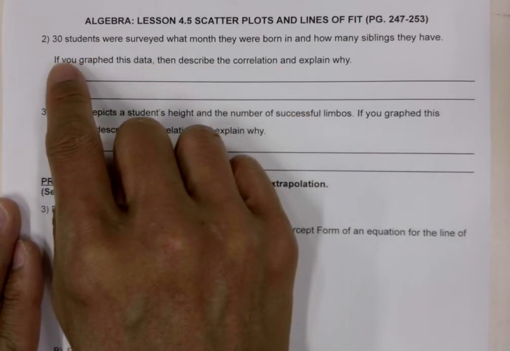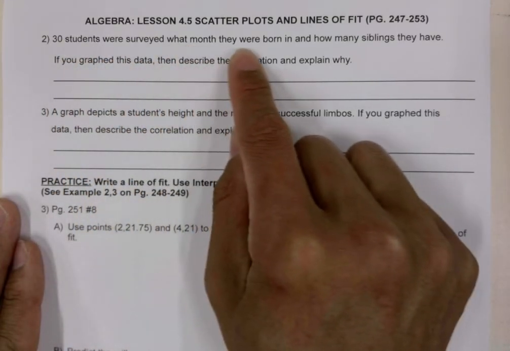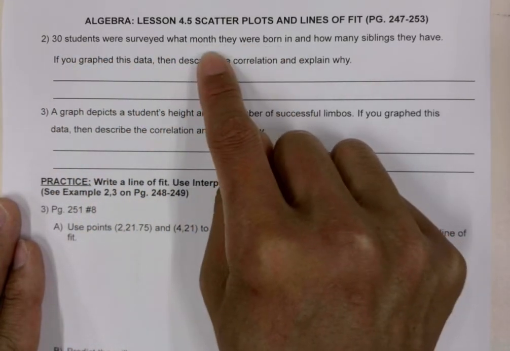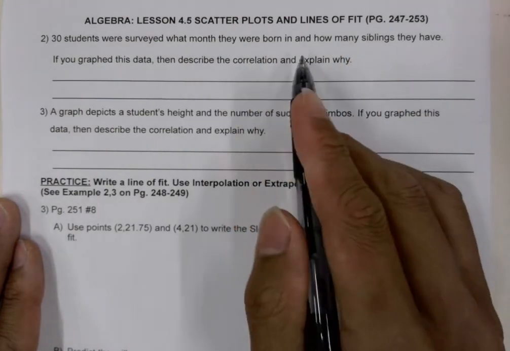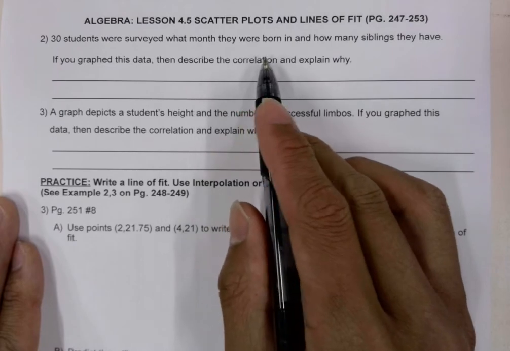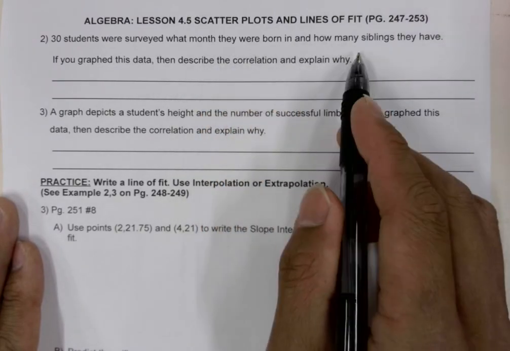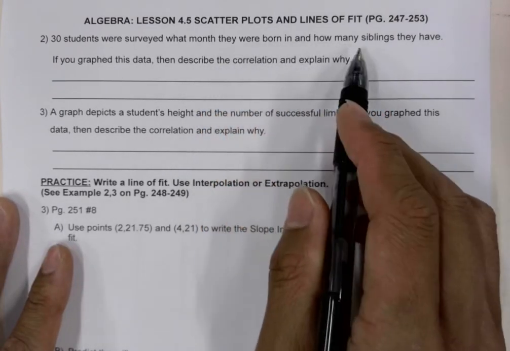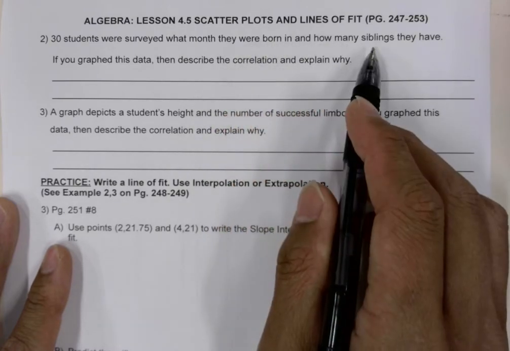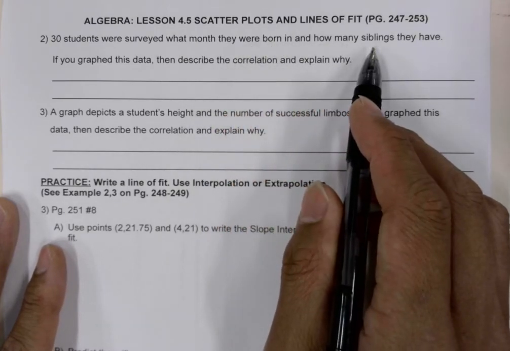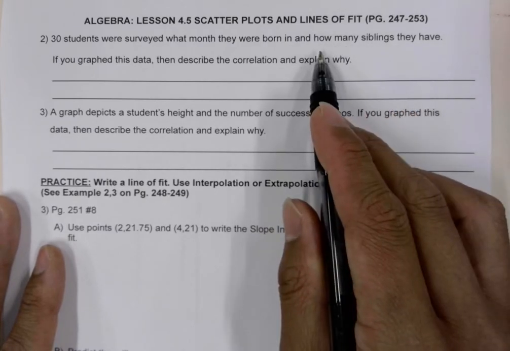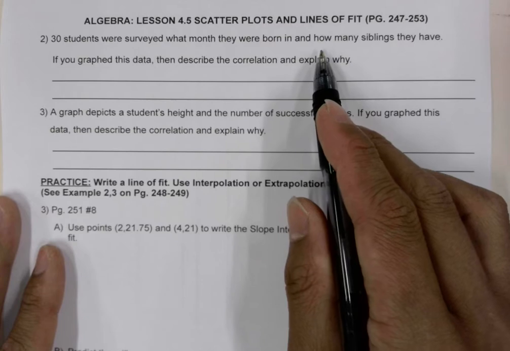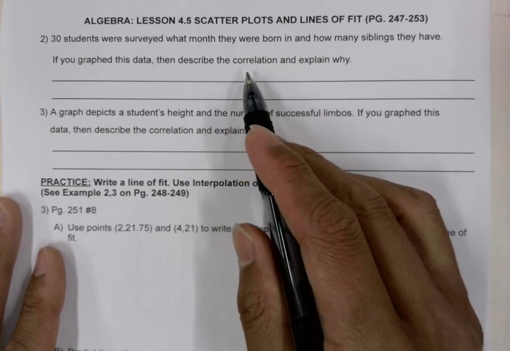Well, is there a relationship between what month somebody is born in and how many siblings, how many brothers or sisters, they have? Well, it seems hard to think of a relationship between these two axes. We could maybe think of how many siblings somebody has and the religion of their parents.